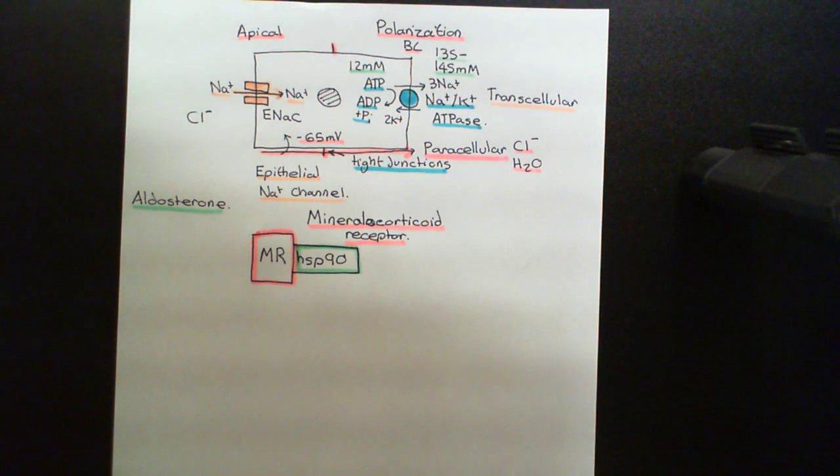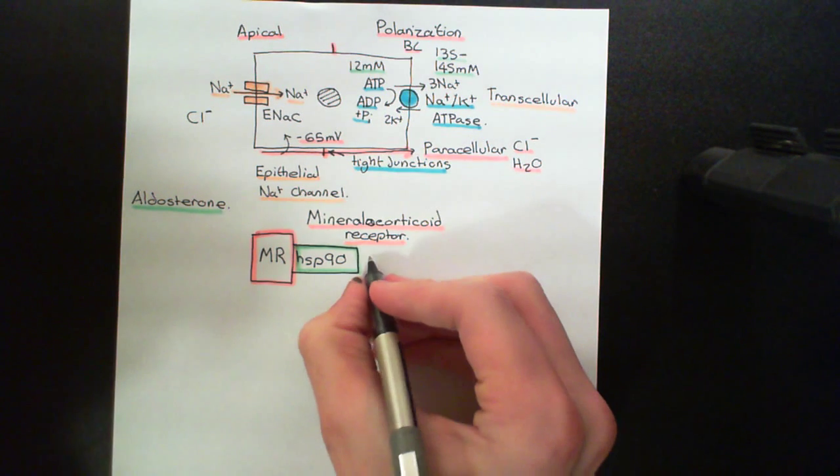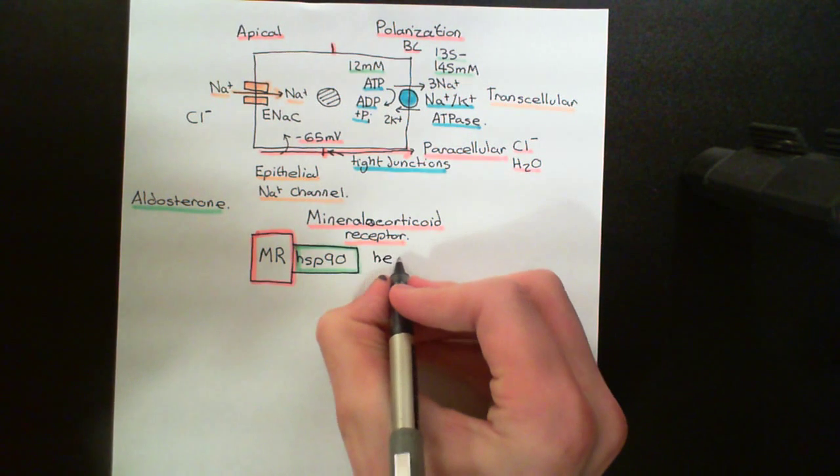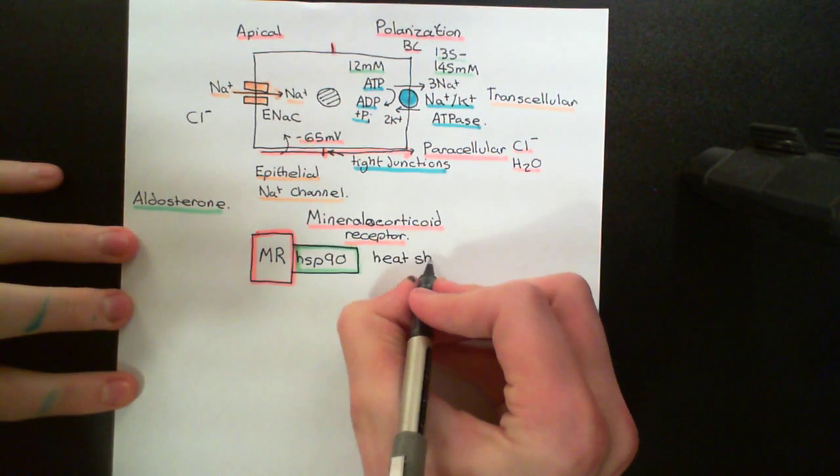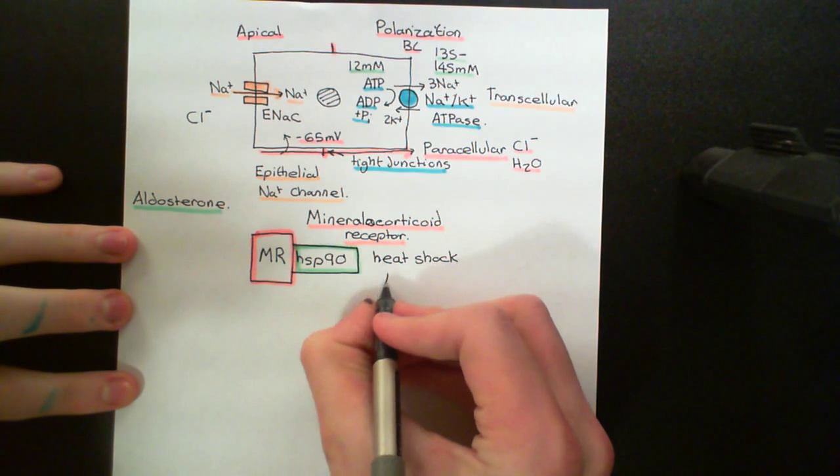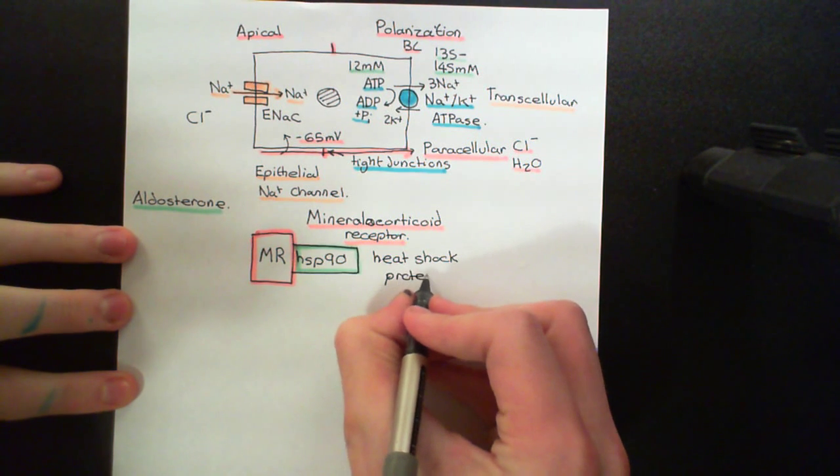So the mineralocorticoid receptor is usually found in the cytoplasm bound to heat shock protein 90, usually abbreviated down to HSP90. So HSP90 stands for heat shock protein 90 here.